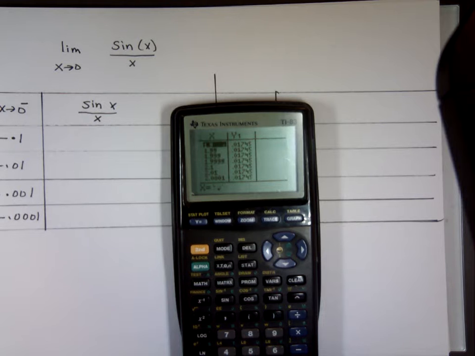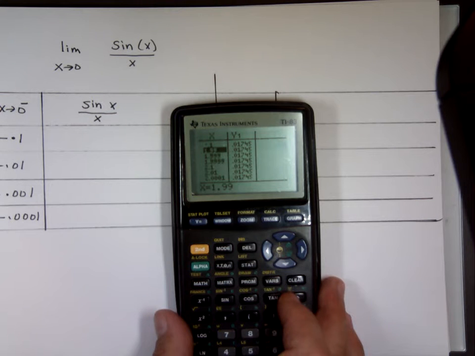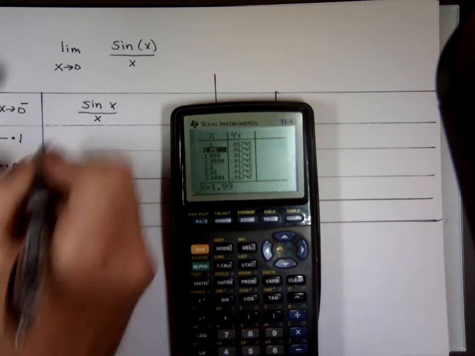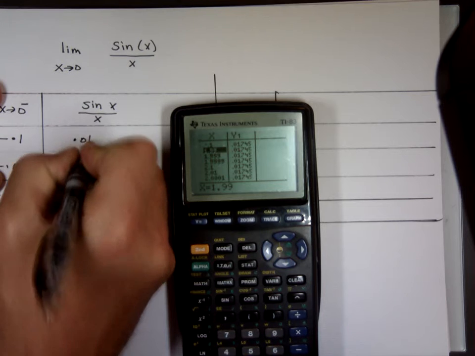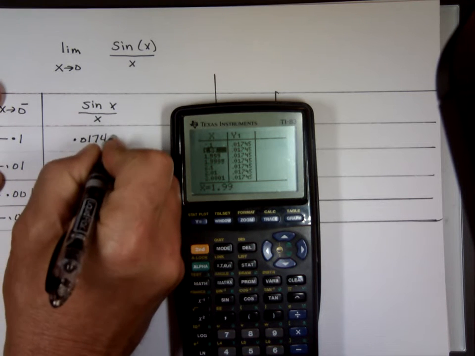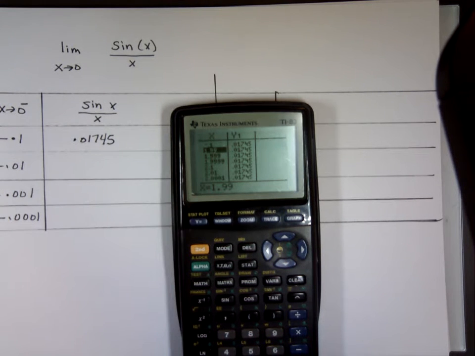Let's try negative 0.1. And negative 0.1 gave me what? 0.01745? Negative 0.01.